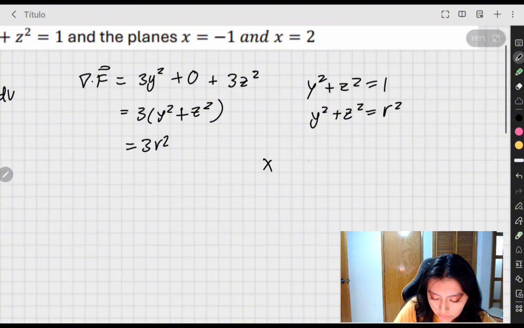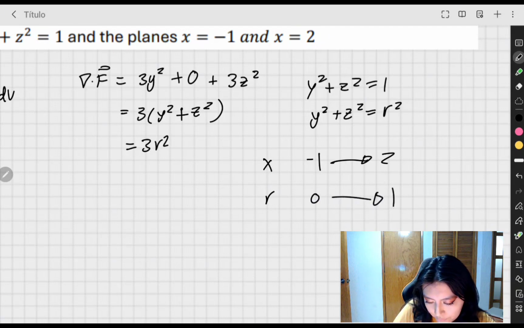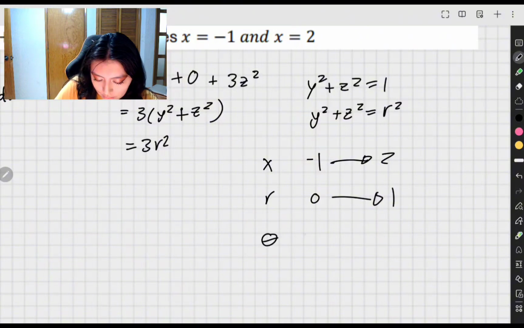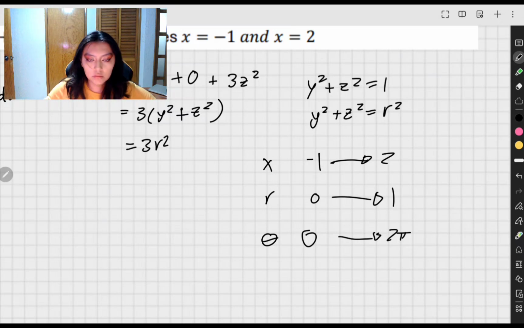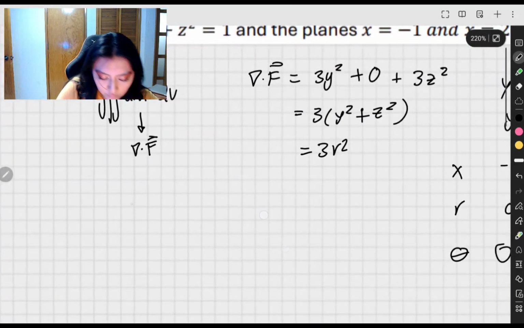X is already given, it goes from -1 to 2. Then the radius goes from 0 to 1. And the angle goes from 0 to 2 pi. And then we just use everything that we calculated to perform our integral.